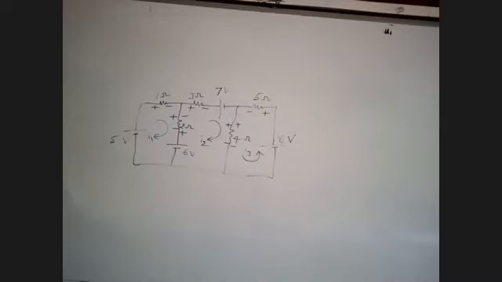See here. First we'll take the first loop. In the first loop, I1 is the reference. I1 is going from minus to plus, so plus 5.